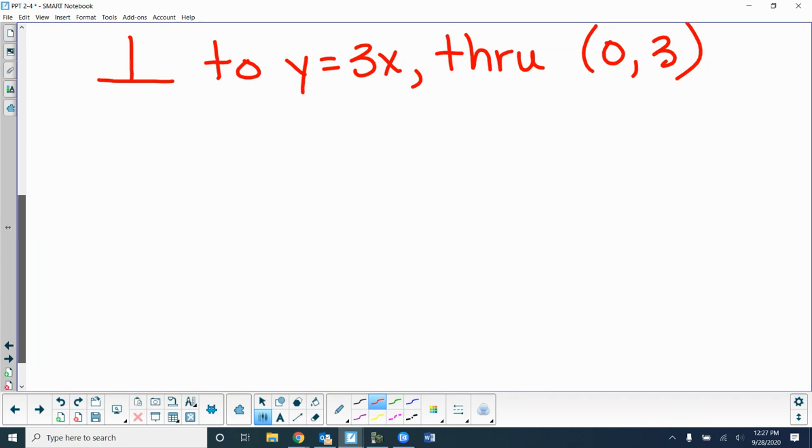What's the top of the line look like? Perpendicular. Okay, you guys are doing well. This is the easiest problem. Yes, yes.